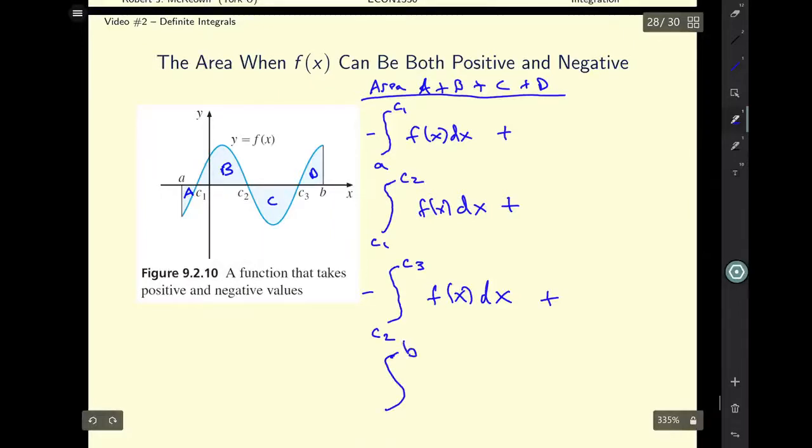And it's going to be from b to c3 of f of x dx. And so if I add up each of these 4 individual areas, I'll get the total area of the blue shaded part of the diagram.